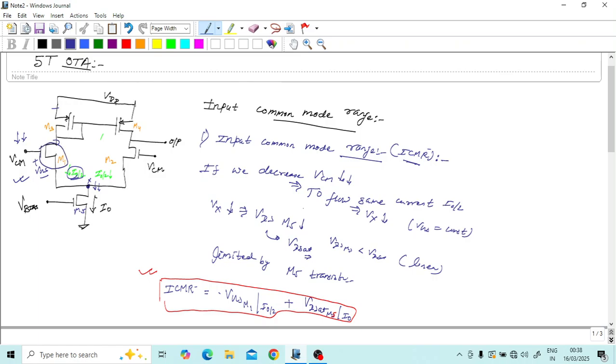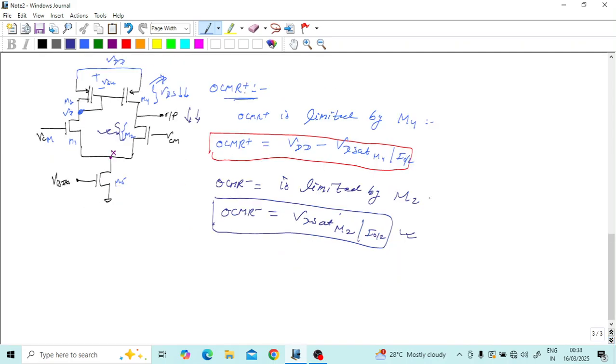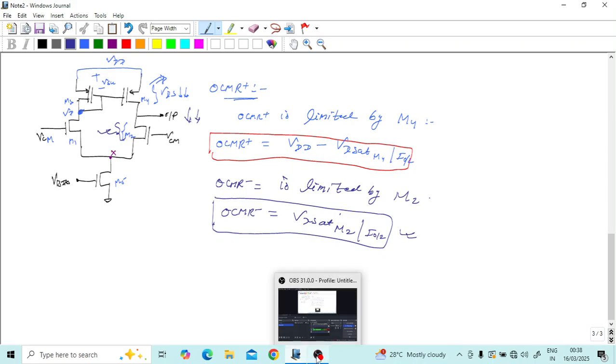So this VGS and VTH will limit the ICMR minus, and ICMR plus will be VDD minus VSG of this transistor plus VTH. In the same way we can see the output common mode range, OCMR plus and OCMR minus. In the next video we are going to see the op-amp operation.